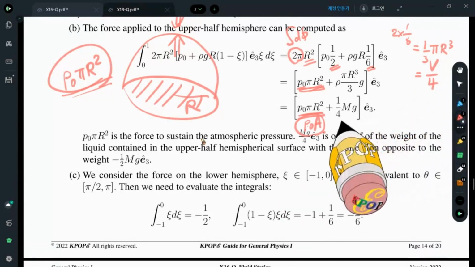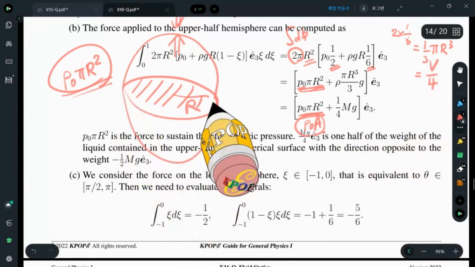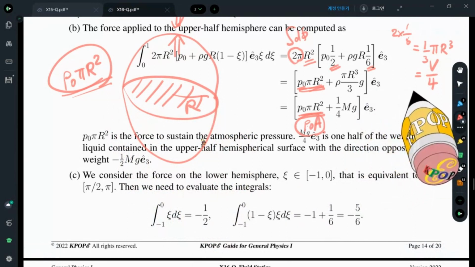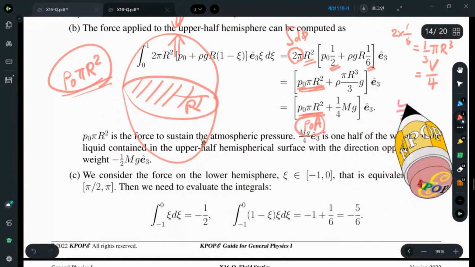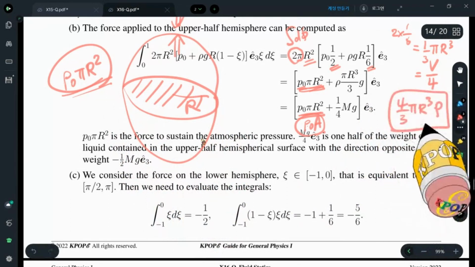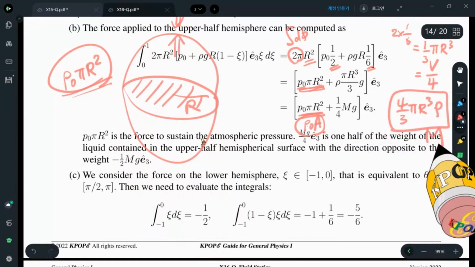And the whole volume is this one, and the amount of mass is pi r cubed and rho. This is the total mass.